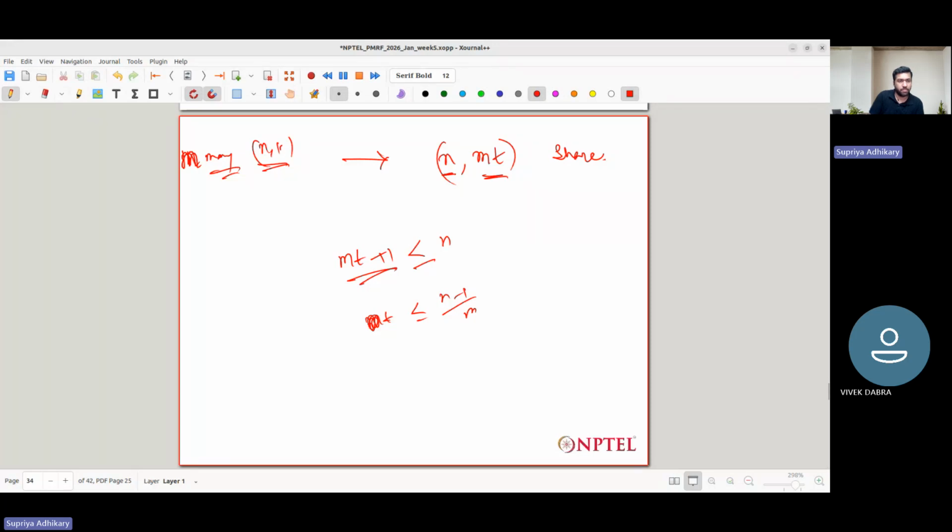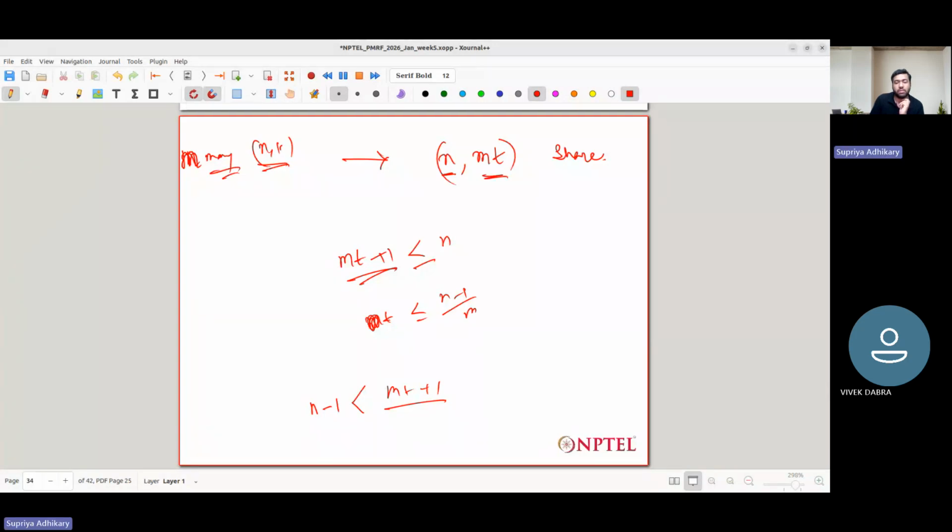Okay, so M plus one many parties should be able to reconstruct the secret, and we have to find the optimal value for t. N minus 1.